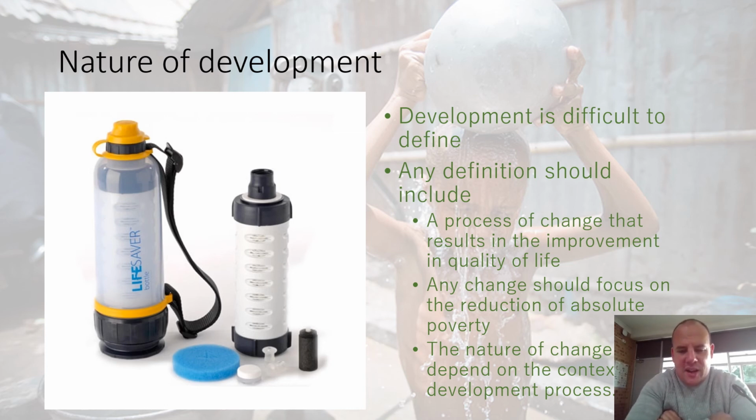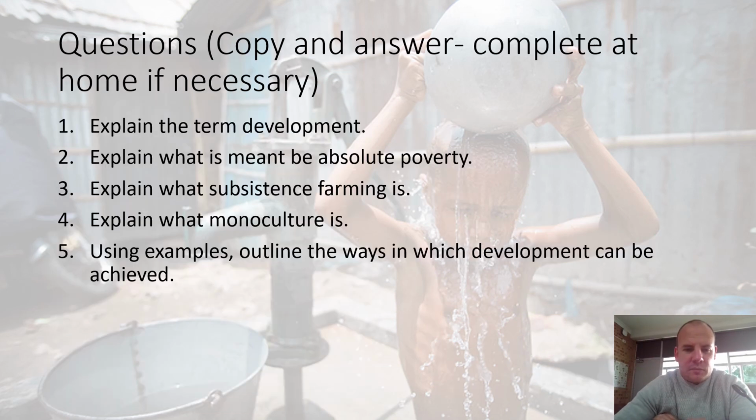That's really important, and you've got to remember that development is all about progression, and it's not just to do with money, but access to education and social improvement as well. So that's really, really important.